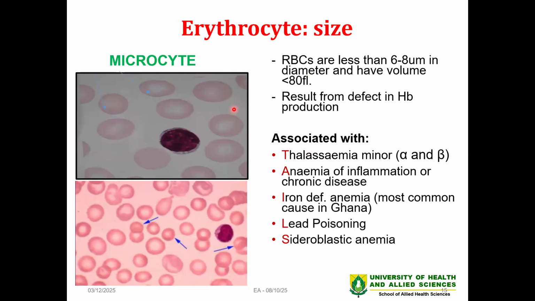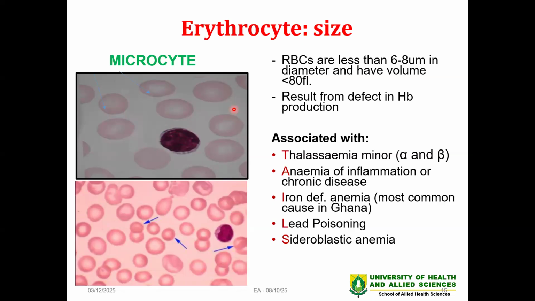So lead poisoning, for instance: if you look at the formation of hemoglobin, you would see points in the process of forming protoporphyrin. There are certain points at which lead can actually inhibit the conversion of some of the metabolites involved in the production of protoporphyrin.